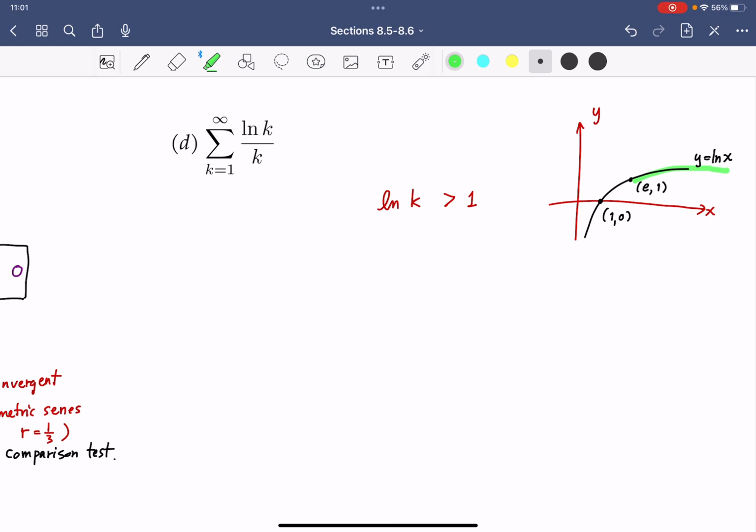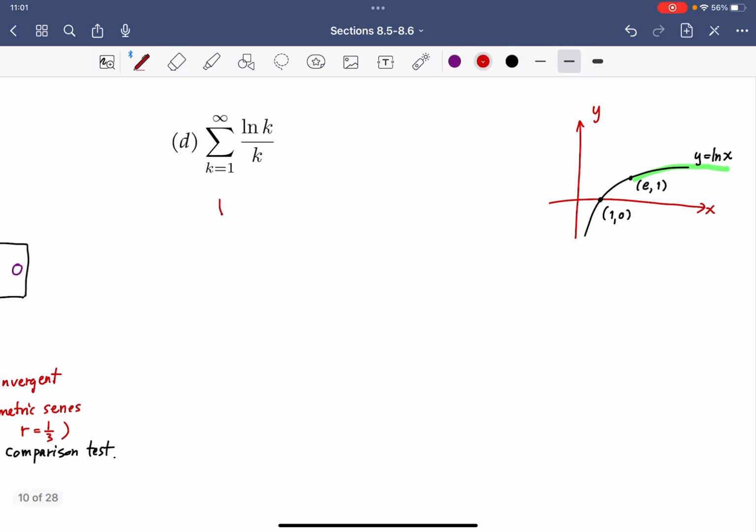Make sense? So when x is bigger than e, we have that log k, I'm not going to use x, I use k.